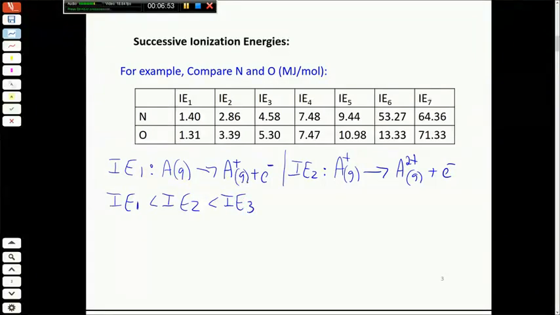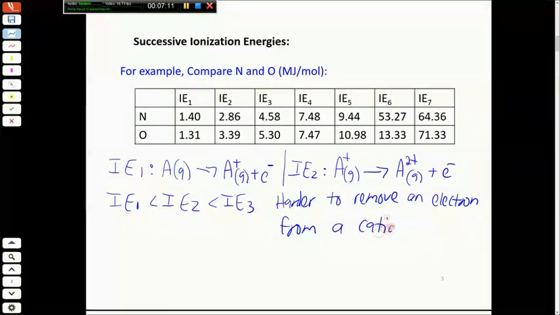It's harder to remove an electron from something that already has a positive charge, which we call a cation. Alright, so that's the true thing.